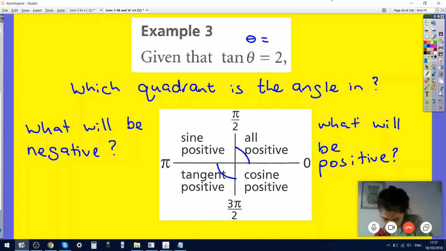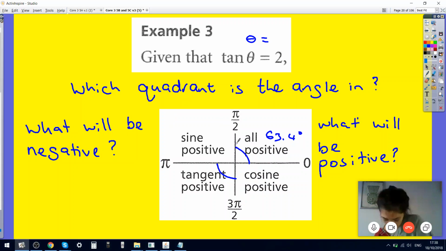It's 63.4, isn't it? So 63.4. And how do you get an additional answer for tan, do you know? For cos we had to do 360 minus. For tan? 180 plus. Correct.